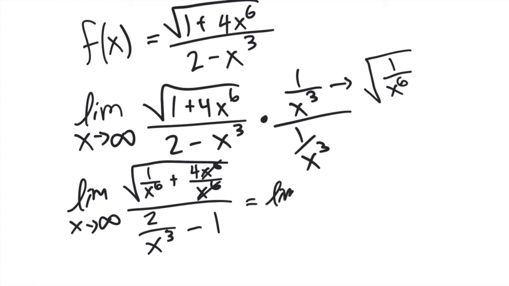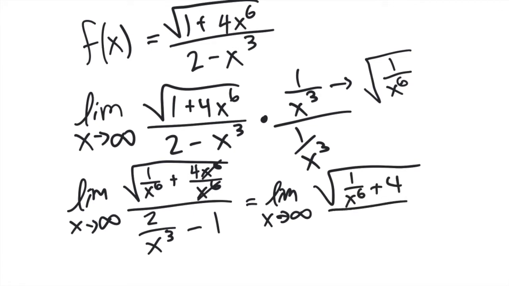So we actually have the limit as x goes to infinity of the square root of 1 over x to the sixth plus 4, all over 2 over x to the third minus 1. Same idea as before. Think about what happens if you were to plug in infinity, whatever that means, but plug in a really large number. Remember, back when we talked about limit laws, limits can move inside of square roots, they can move inside of fractions, they can move to wherever there is an x involved.